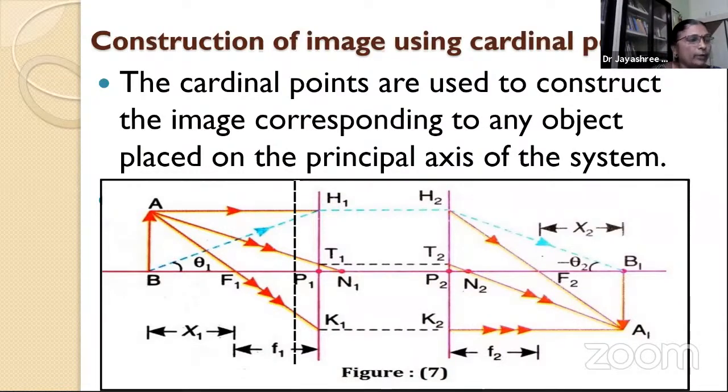And regarding the properties of the nodal planes or nodal points, you know they are the pair of conjugate points on the axis having unit positive angular magnification.